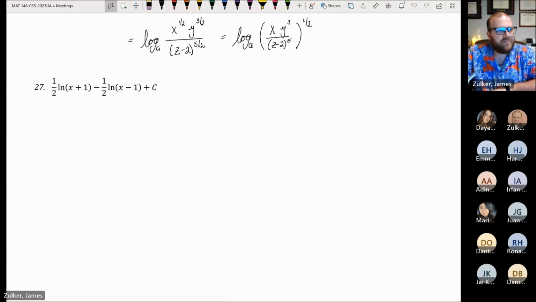First thing that we notice, scalar multiples.